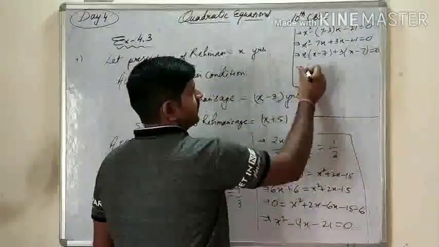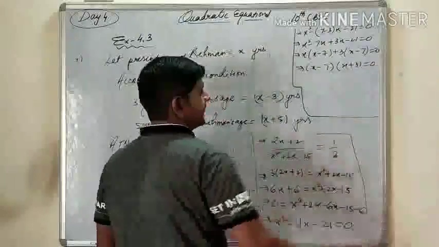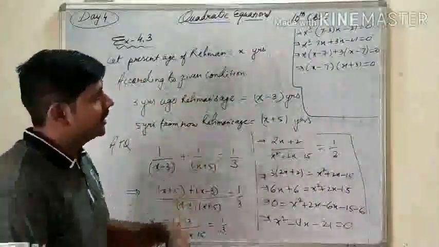Both brackets are the same, so x minus 7 is outside and x plus 3 is left in the separate bracket. Now we can equate to 0.